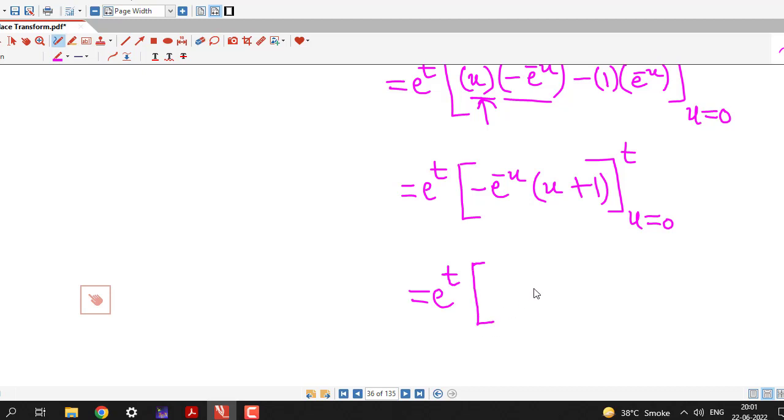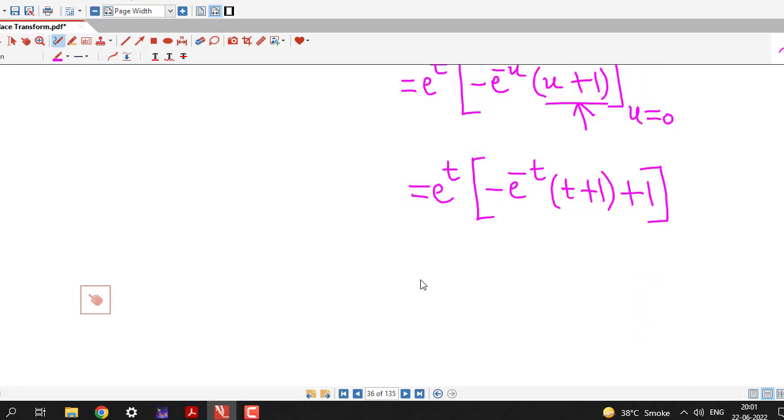First we put u equal to t, and we have minus e raised to minus t times (t plus 1), minus the lower limit, and there is one negative sign here, so minus minus plus. For u equal to 0, this is going to be 0 plus 1, that is 1, and e raised to 0 is 1.